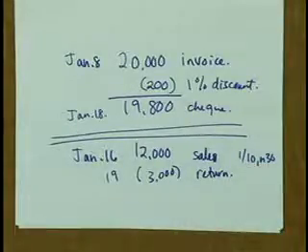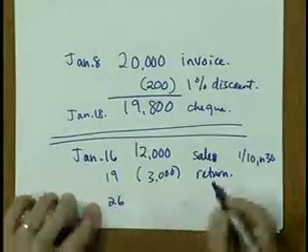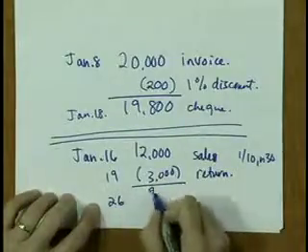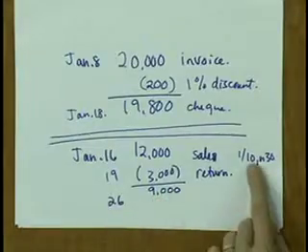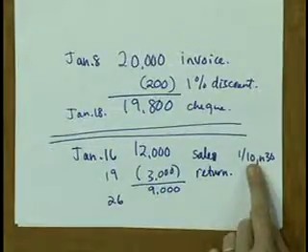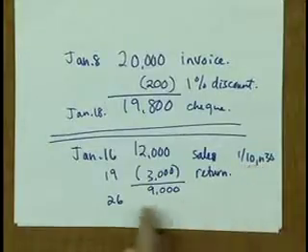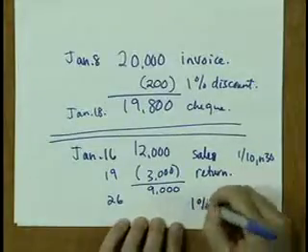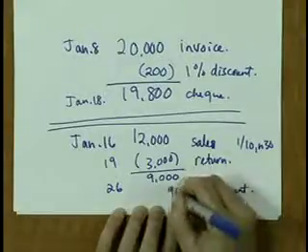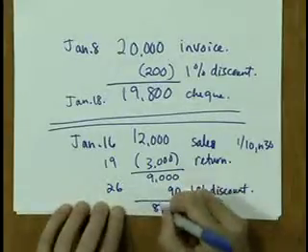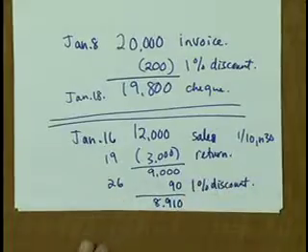On January the 26th, they pay up. Are they going to pay $9,000 or do they get the 1% discount? Yeah, they get the discount. What is that, 90? 8,910?